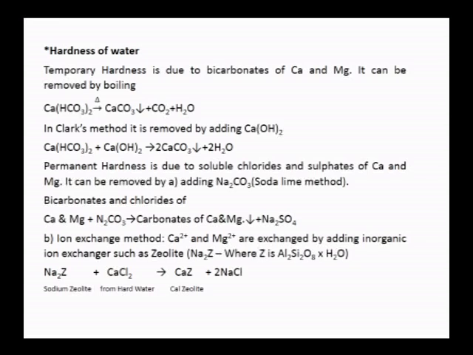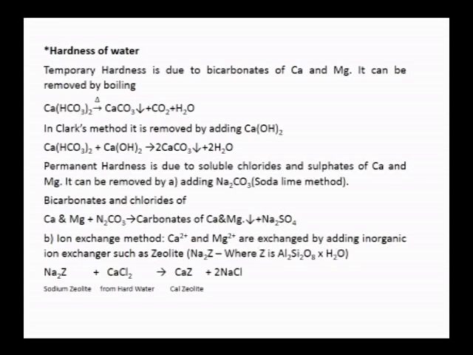In the ion exchange method, calcium and magnesium ions are exchanged by the addition of inorganic ion exchangers such as zeolite. That is Na2Z, where Z is hydrated aluminum silicate. The equation for the ion exchange method uses Na2Z, which is called sodium zeolite.